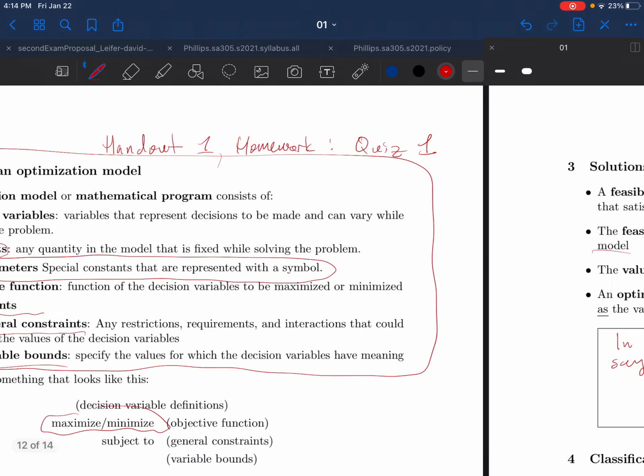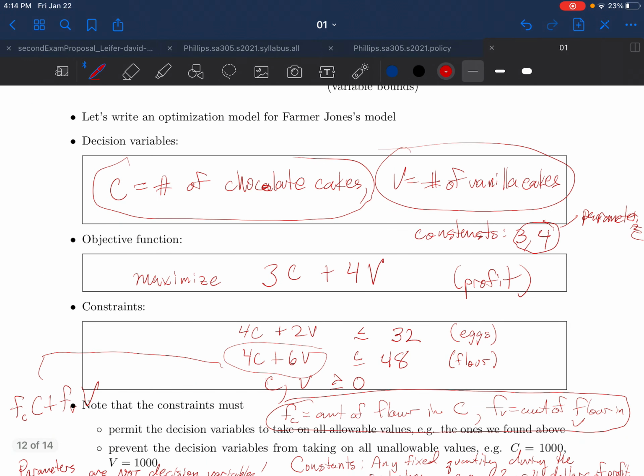Okay, so if you look back at this model, the objective was 3C plus 4V. So for C star, V star to be optimal, it would have to be greater or equal to any other C, V that satisfied these constraints.